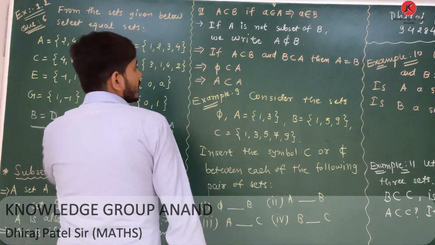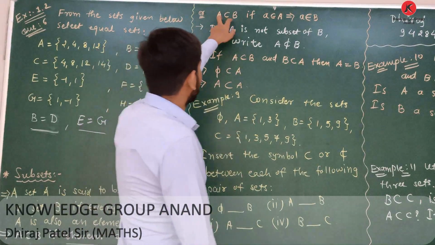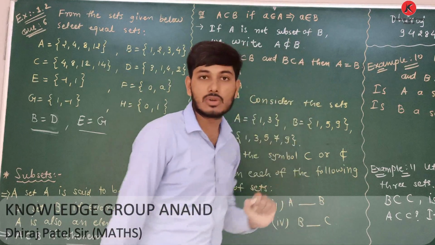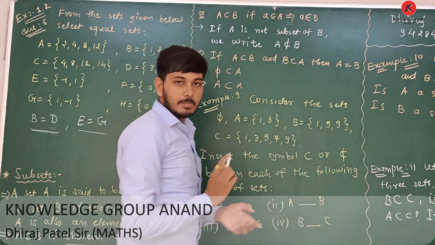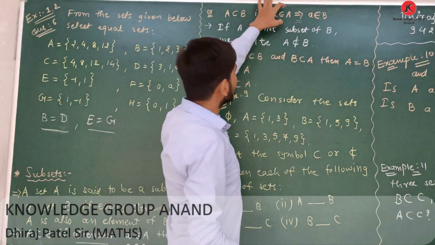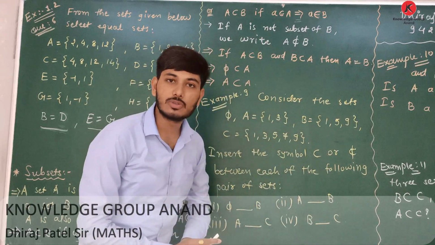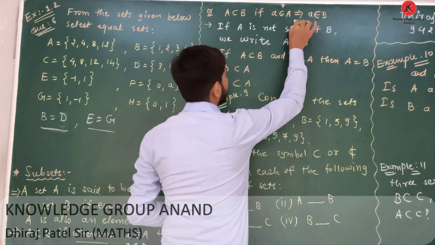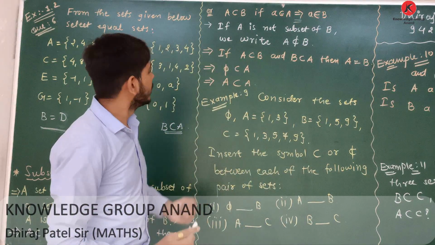Now, this definition is also represented as A is a subset of B if a belongs to A implies a belongs to B. What do you mean by implies? That says that if a belongs to A, then a must belong to B. This arrow represents implies. We can read it as implies.